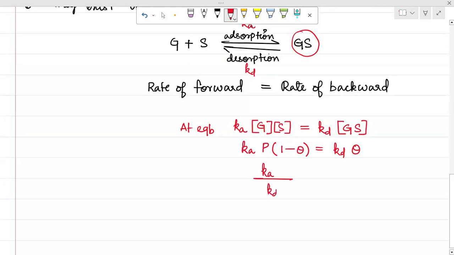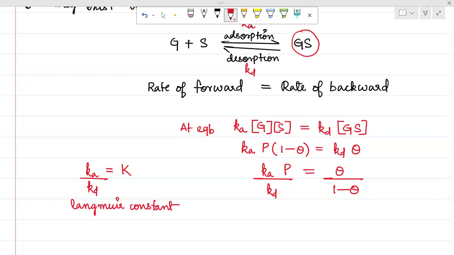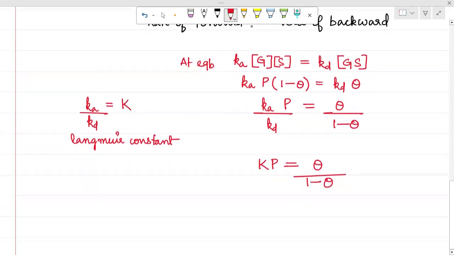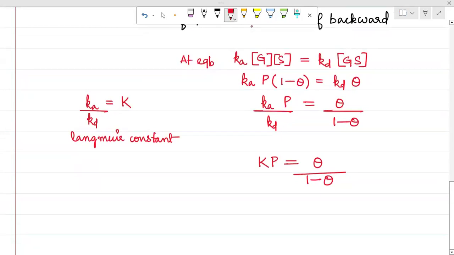Ka by Kd into P is equal to theta by 1 minus theta. And this ratio of the forward rate constant by the backward rate constant is capital K, which is the Langmuir constant. So I can rearrange and write it as Langmuir constant into the pressure of the gas is theta divided by 1 minus theta. I hope all the parameters are known to you. K is the Langmuir constant. P is the pressure of the gas.